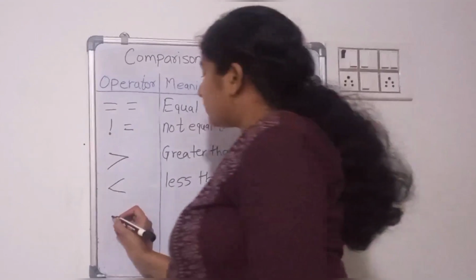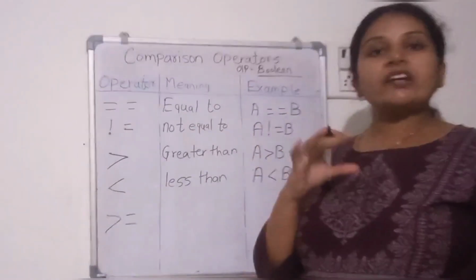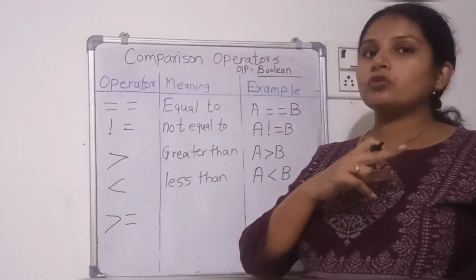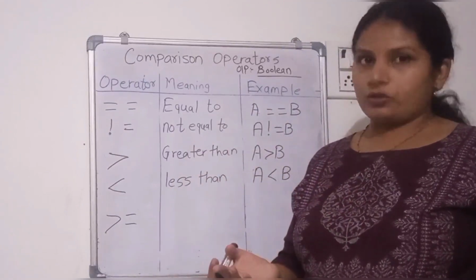Next operator is greater than or equal to. When we check two values, the first value could be greater than the second value, or it could be equal also.